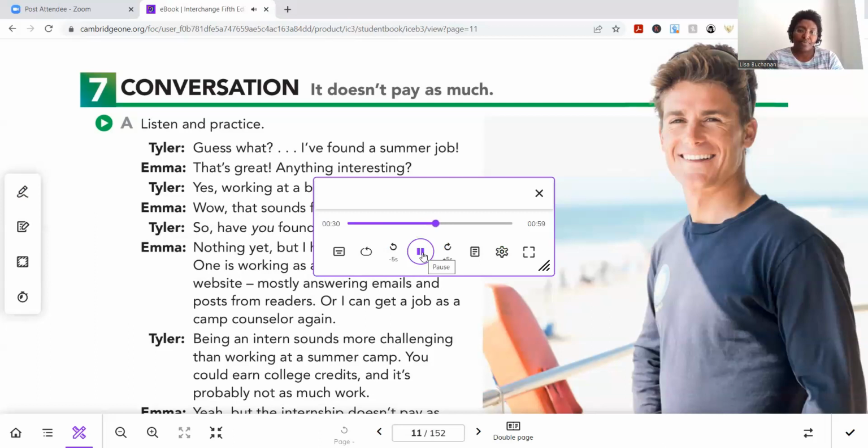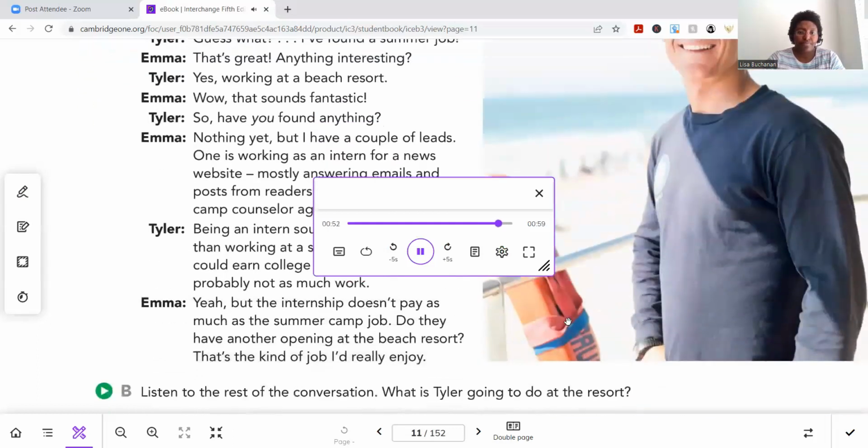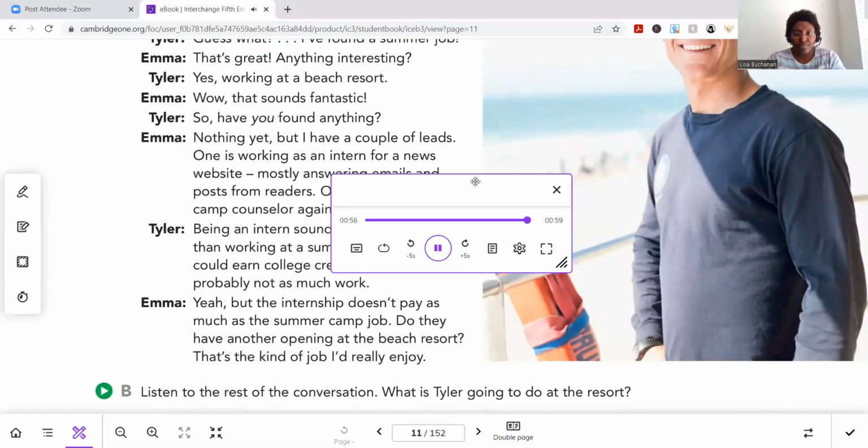One is working as an intern for a news website, mostly answering emails and posts from readers. Or I can get a job as a camp counselor again. Being an intern sounds more challenging than working at a summer camp. You could earn college credits, and it's probably not as much work. Yeah, but the internship doesn't pay as much as the summer camp job. Do they have another opening at the beach resort? That's the kind of job I'd really enjoy.